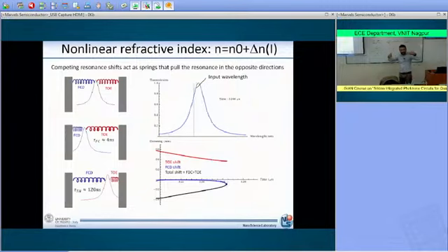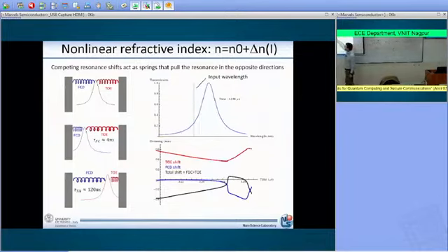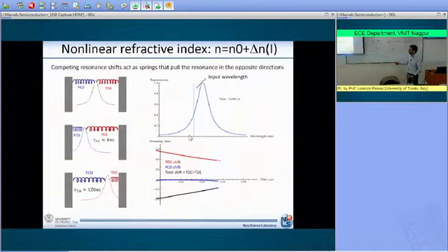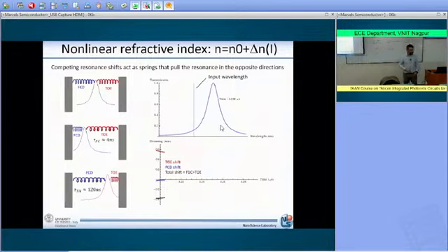But now, if we look at the light that is transmitted at a fixed wavelength, you see that the transmission is no longer constant as a function of time. The transmitted light starts to increase, then passes the maximum and goes down.